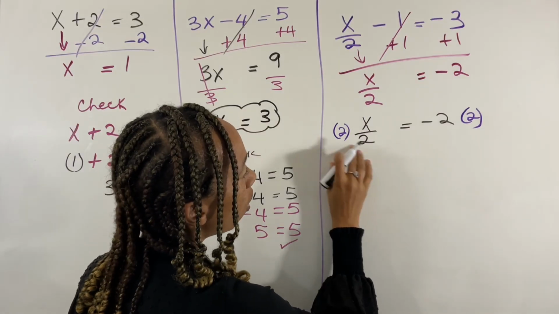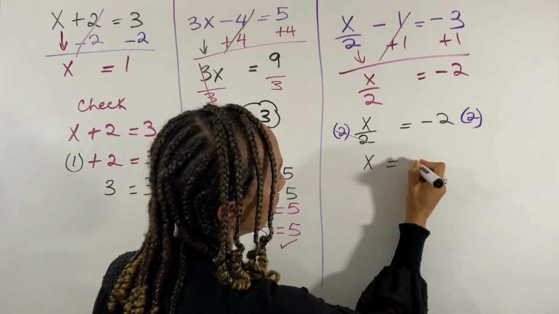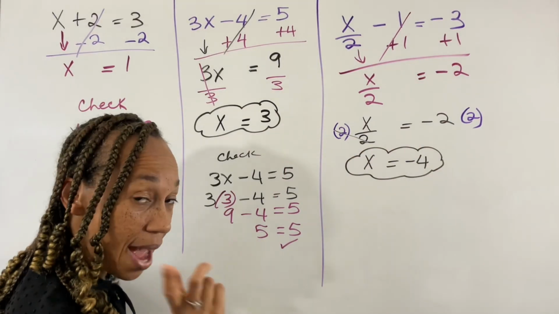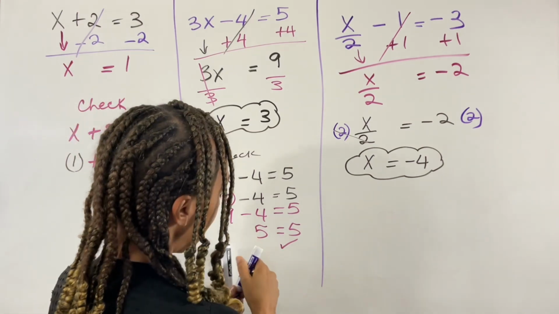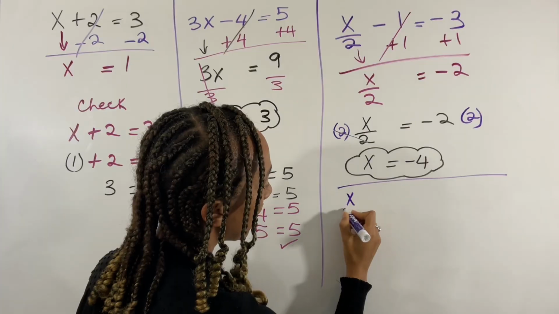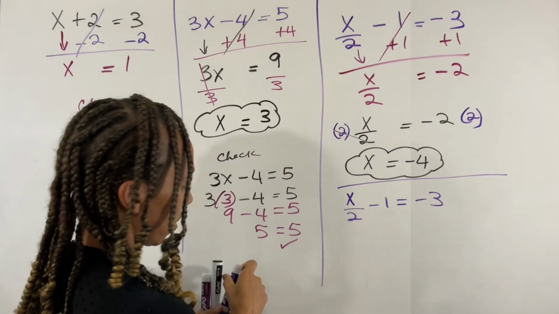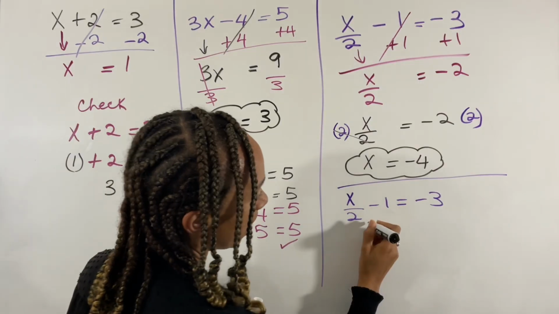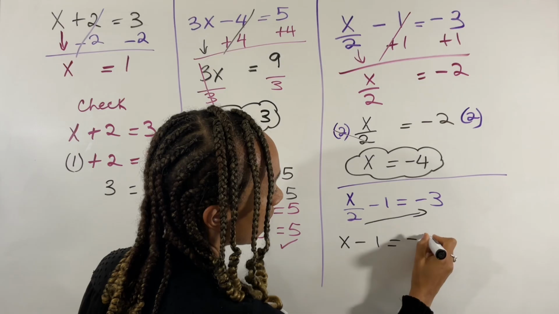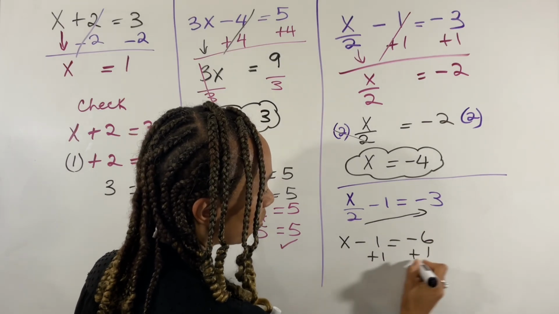All right, so this is going to cancel out, and you're going to be left with x equal negative 4 as your answer. Now let me show you, sidebar, that if you did not follow the steps properly and you did this, say for instance you went ahead and now you cross multiply, so you have x minus 1 equal negative 6, and then you're going to plus 1 here and plus 1 here.